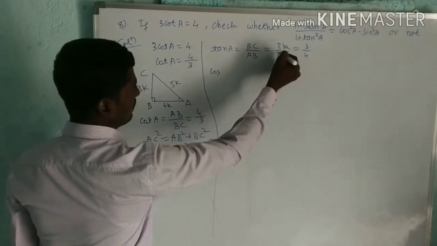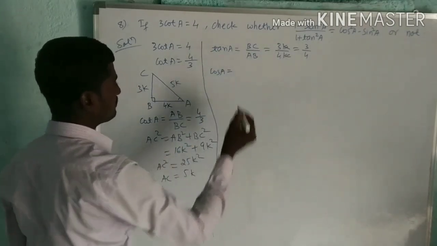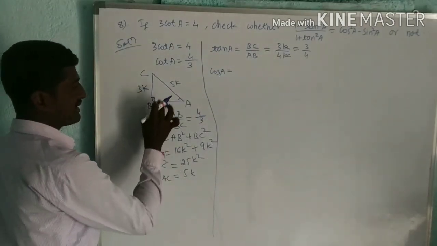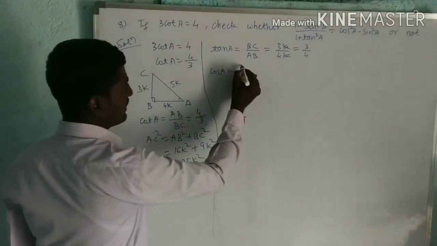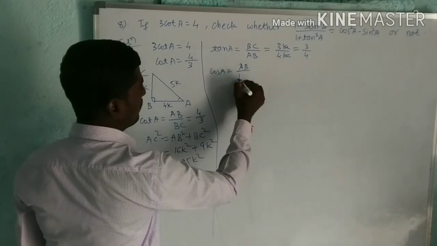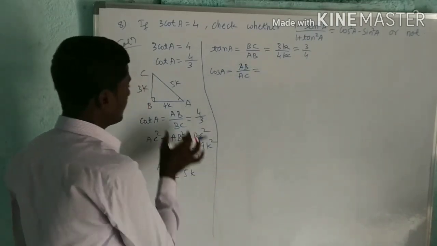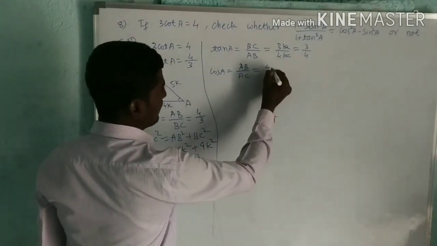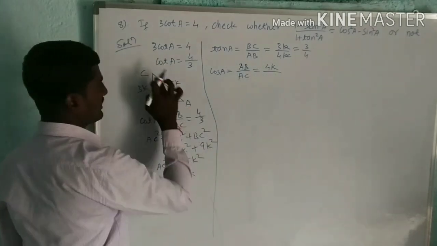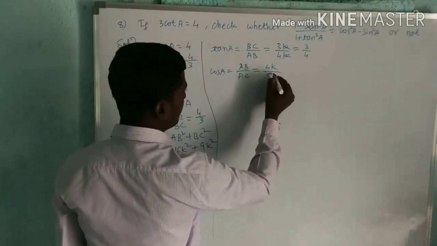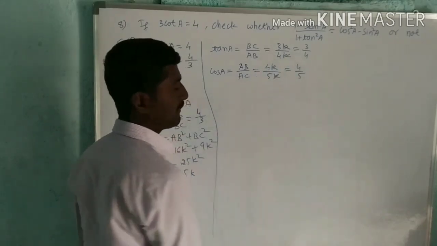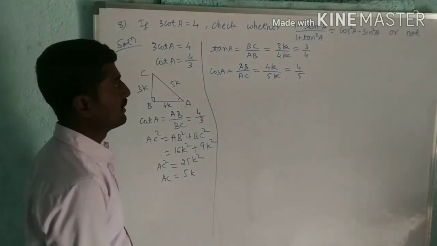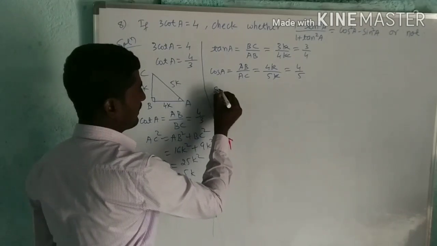Cos A is adjacent divided by hypotenuse, AB divided by AC, that is 4K divided by 5K. K and K get cancelled, 4 by 5.